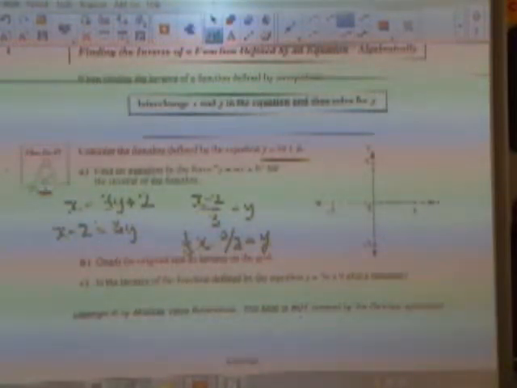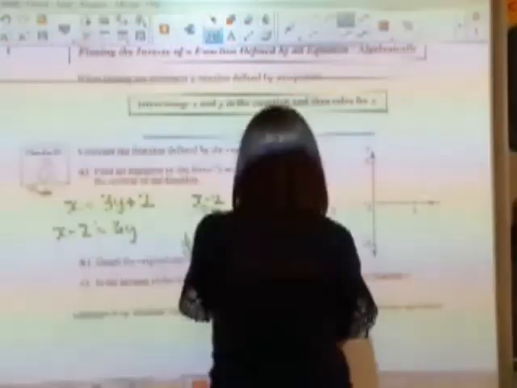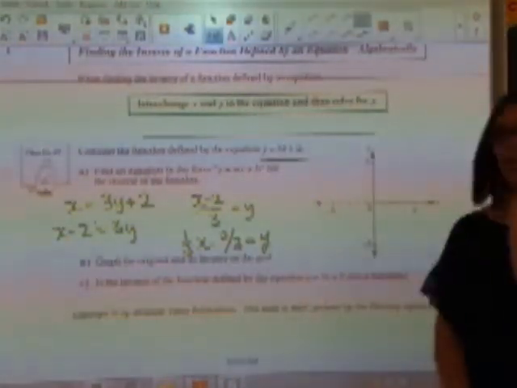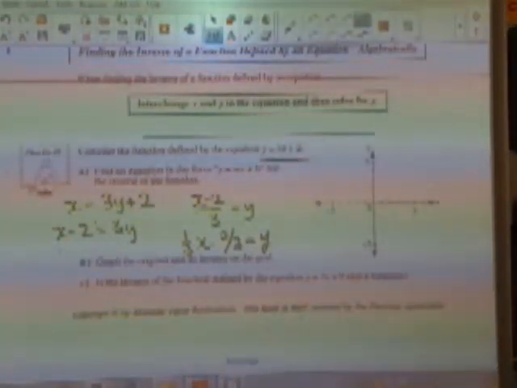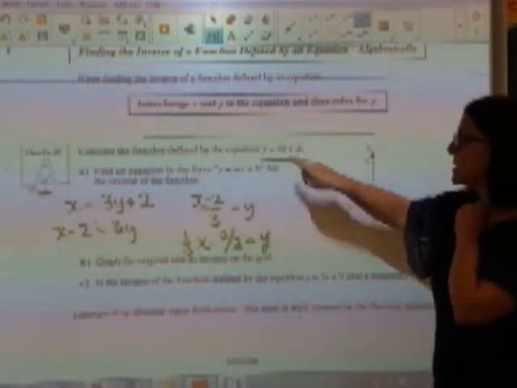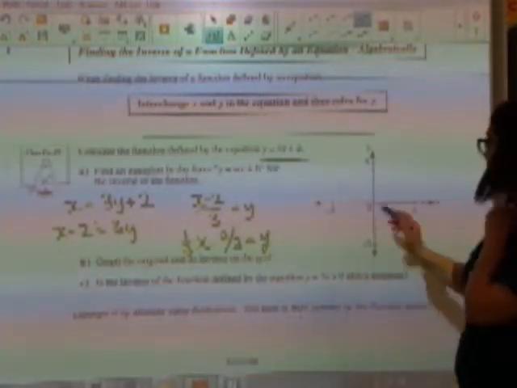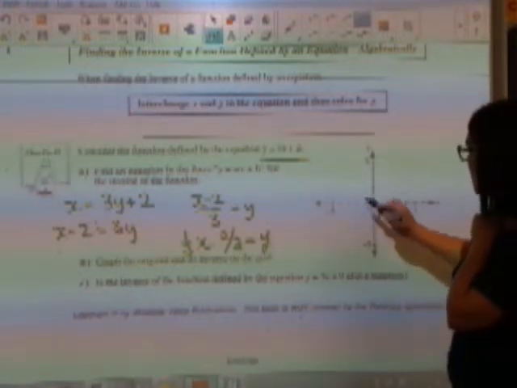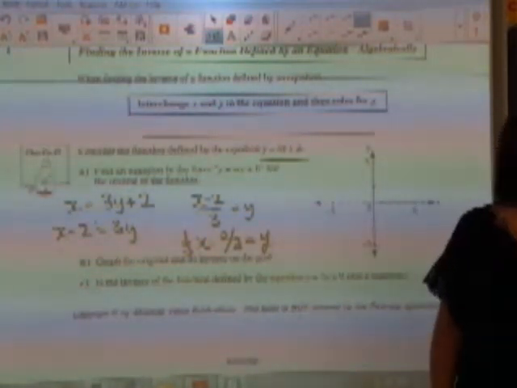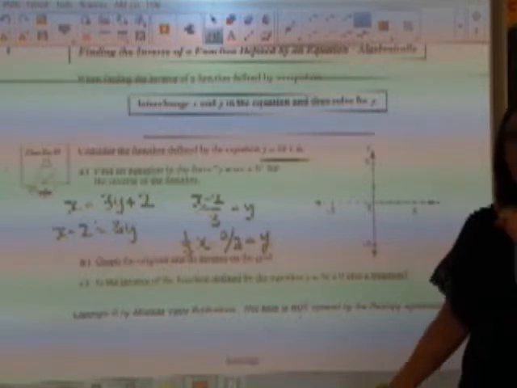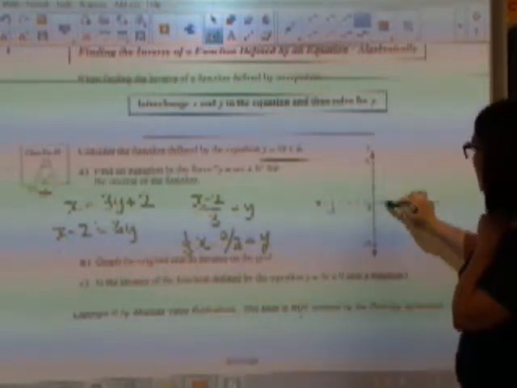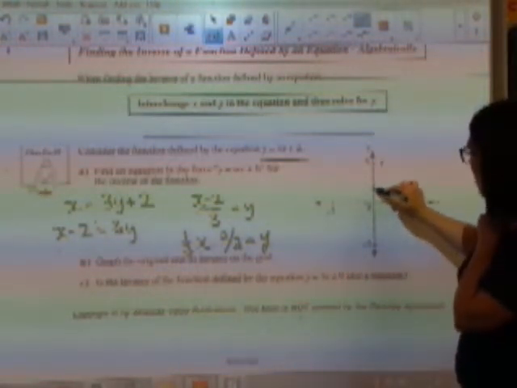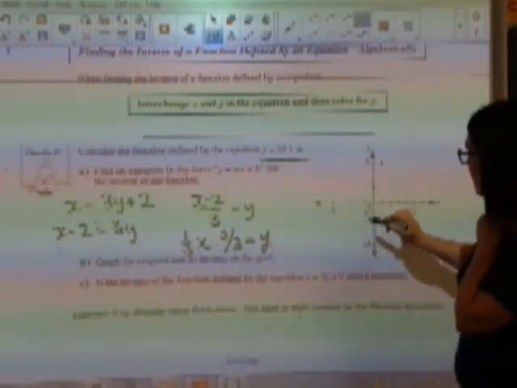So now if I graph both functions on the grid, y equals 3x plus 2, in terms of my mx plus b, what does the b tell me? So the y-intercept is 2. What does the 3 tell me? So the slope, rise over run, go 3 up, 1 over. Or I could go 3 down and 1 to the left.